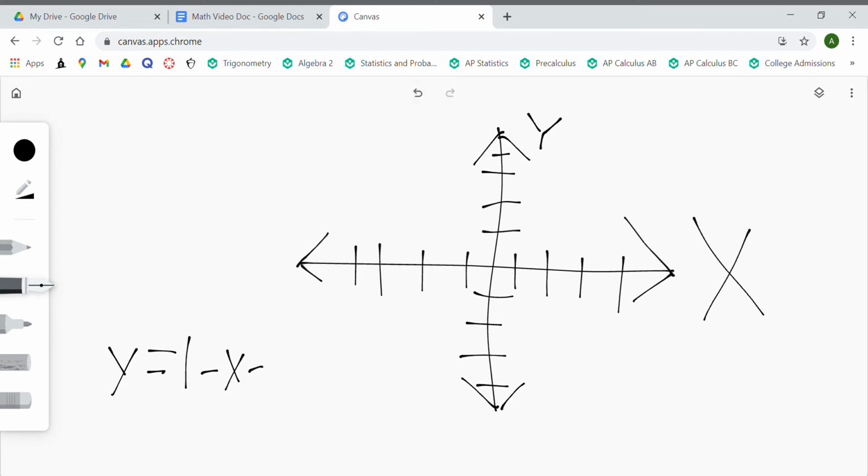Now, if we had something like this, this is where it gets tricky. We actually have to get rid of that negative x. And so we actually end up getting y equals x plus 1. So what could have been this point right here just turned into this point.